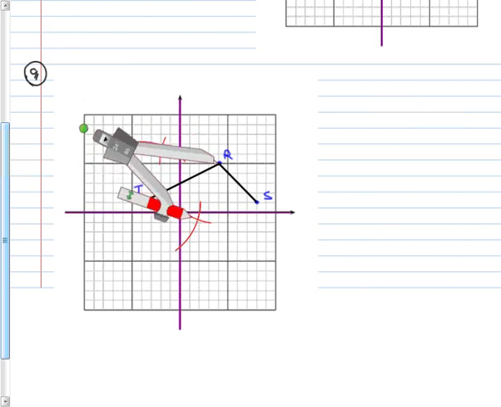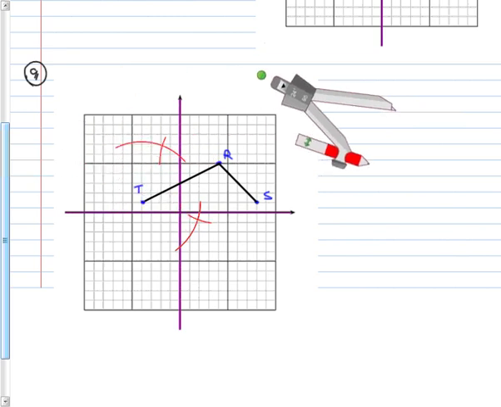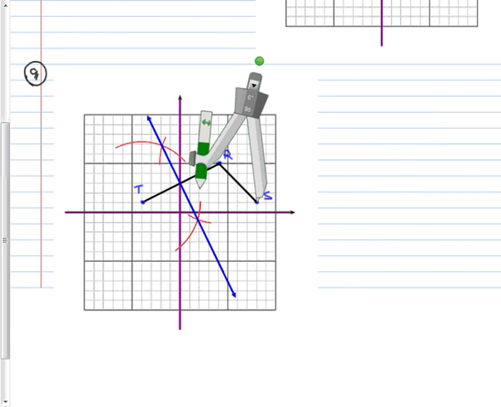Then you can use your straight edge and draw a line right through them. I'm going to have to adjust mine here a little bit. And I'm going to do the same thing now to that other chord. I'm going to bisect it.